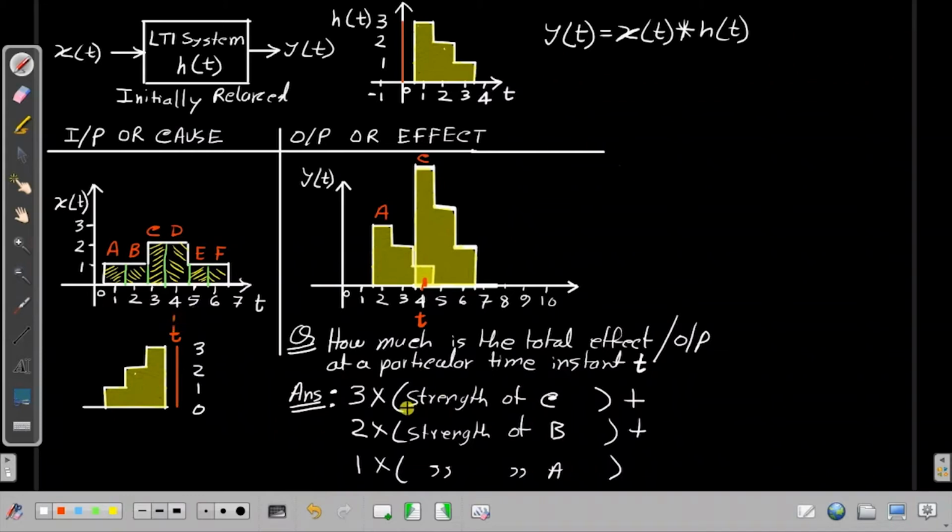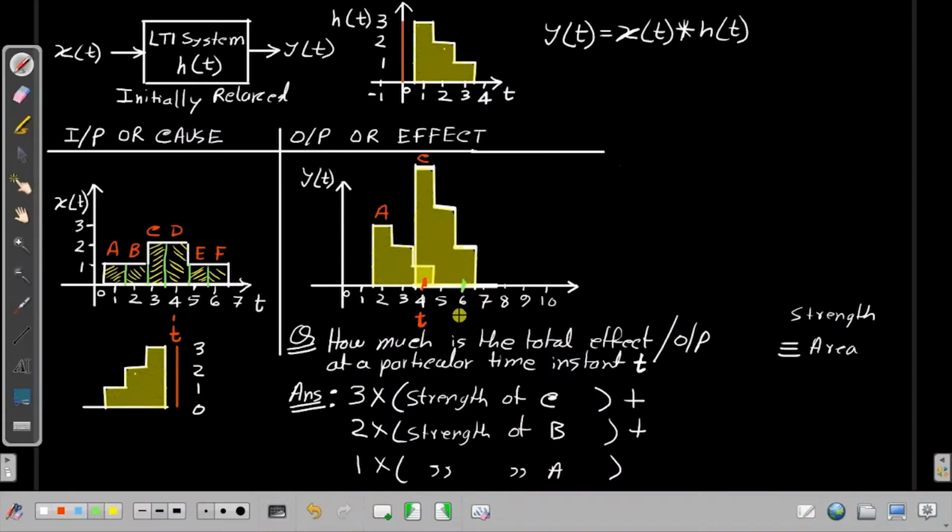And by strength, I mean the area of the slices. So strength means here the area of that input slice. Now suppose I want to calculate the total effect at a different point, maybe here.